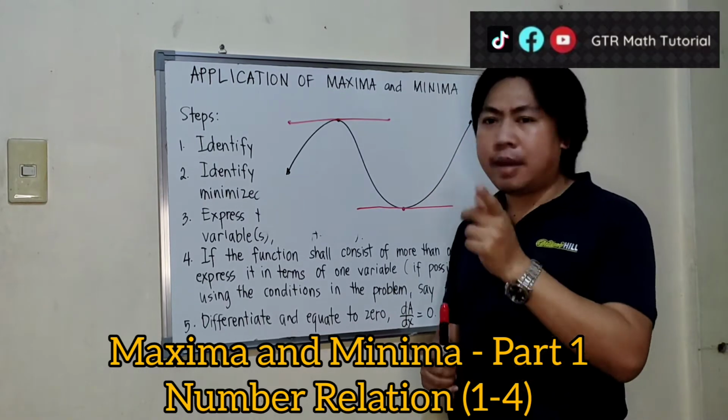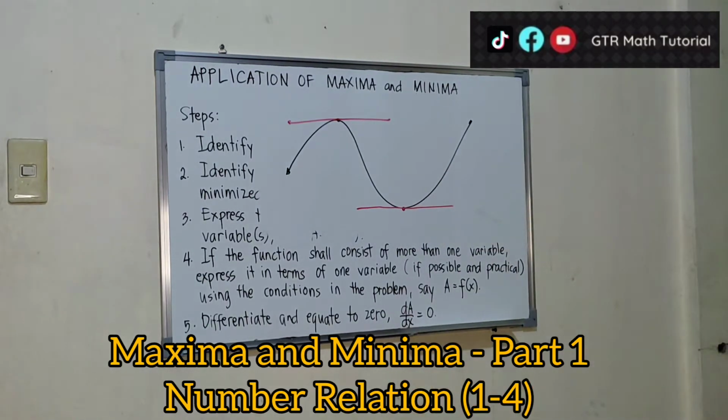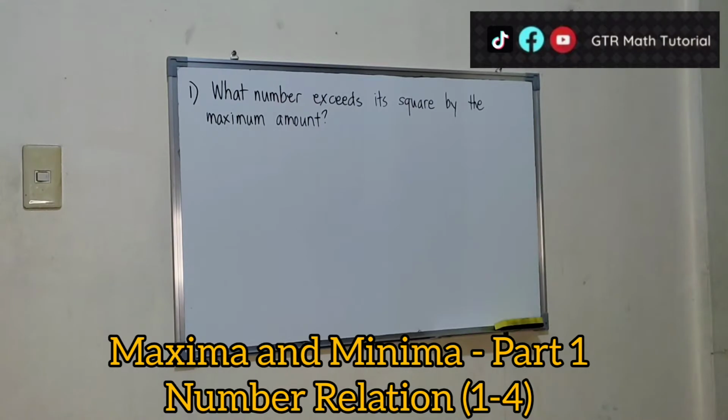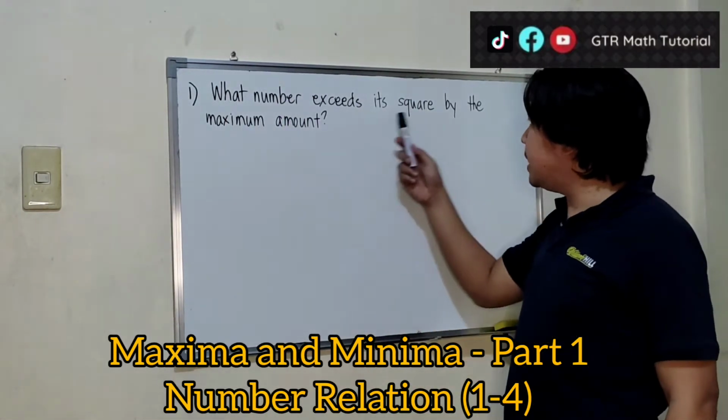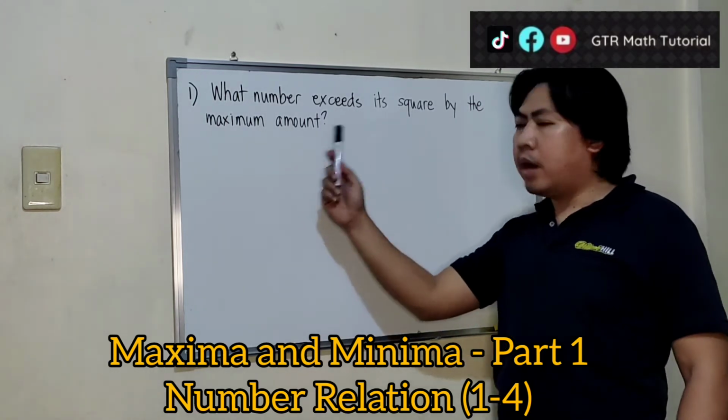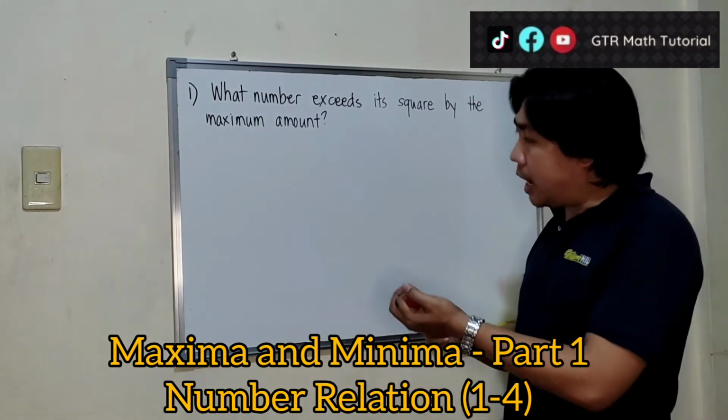So, example number 1. What number exceeds its square by the maximum amount?